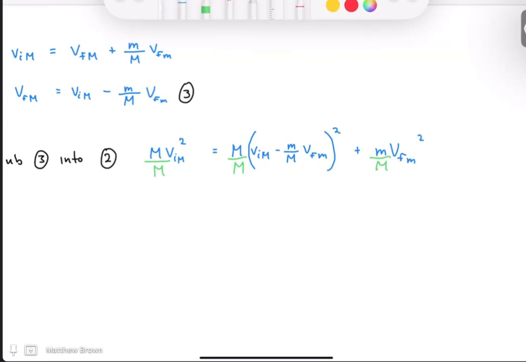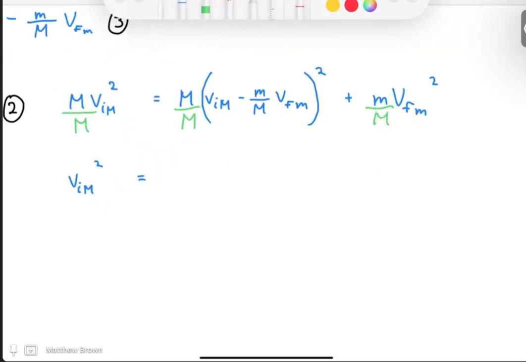And then that leaves me with V initial big M squared equals, now this term I've got to actually square and work out the bracket there. So that'll give me the first term squared, which is V initial of big M squared. And then the first term times the second term times 2, if you're just working out a binomial like that that's squared.